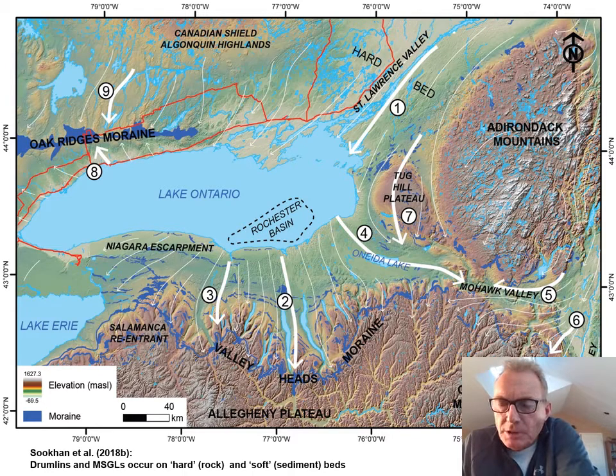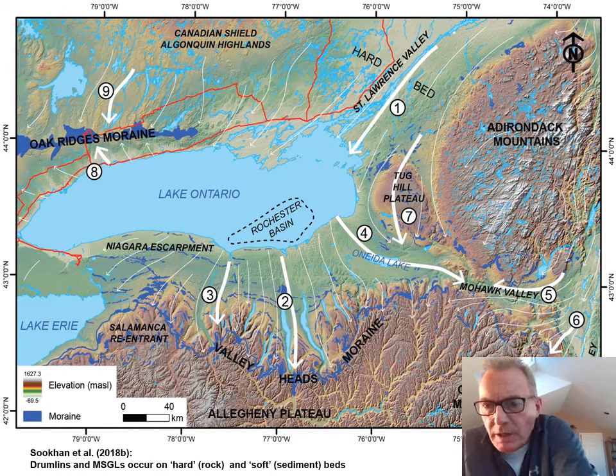So ice is flowing down from Quebec, Labrador, and it's forced to flow between the Adirondack Mountains, Catskills, and so on, and the Canadian Shield, the Algonquin Highlands, and velocity picks up, and then it goes down the Mohawk Valley as well into the Hudson, and then goes down into the Finger Lakes.